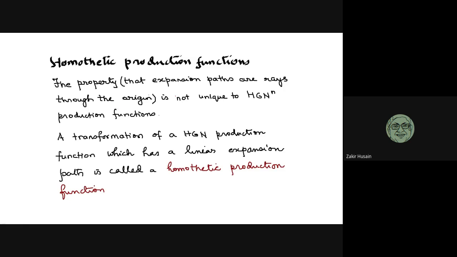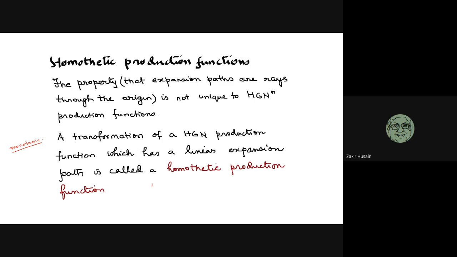If you take a transformation of a homogeneous production function, okay, when I'm talking about transformation, I mean a monotonic transformation. So if you take a monotonic transformation of a homogeneous production function, which has a linear expansion path, then this is called a homothetic production function.